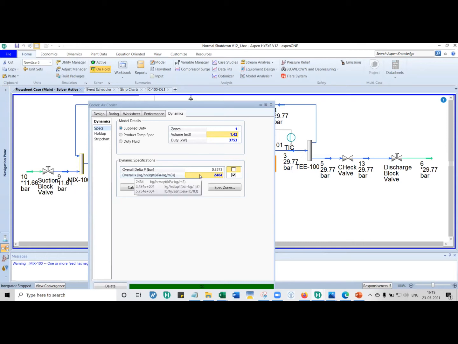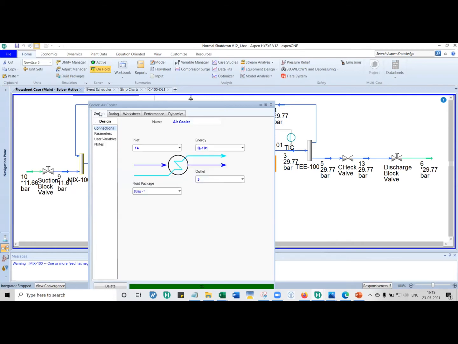What this means is that in steady state, you are giving the pressure drop. Let's say the cooler has 0.5 bar pressure drop. In HYSYS steady state, you will open the cooler and put 0.5 bar there. You are doing a heat and material balance, so let's say you have 1000 kg per hour flowing, and you are simply declaring 0.5.